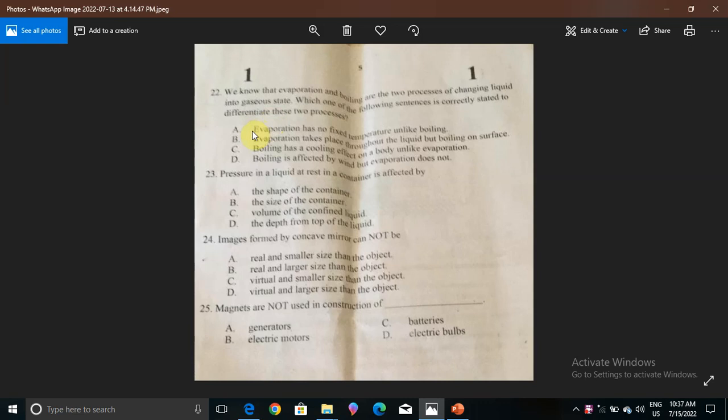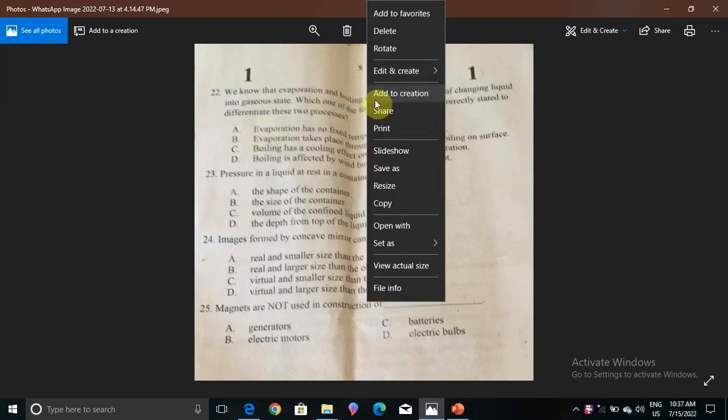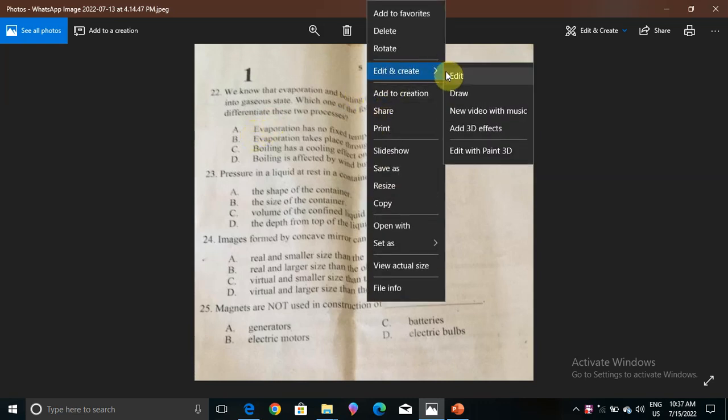Okay, now question number 23 says pressure in a liquid at rest in a container is affected by what?